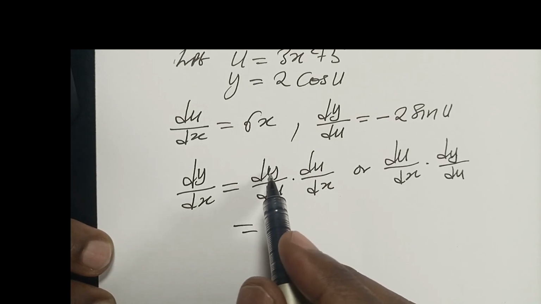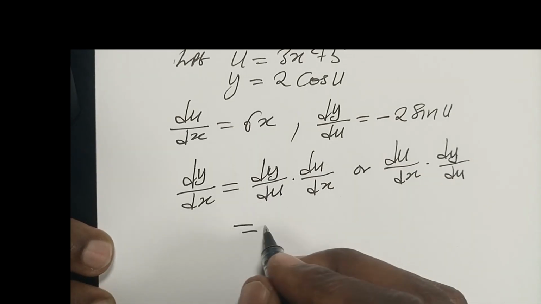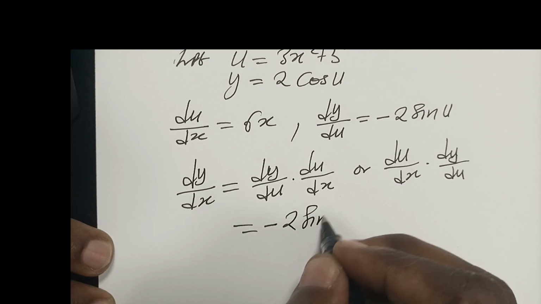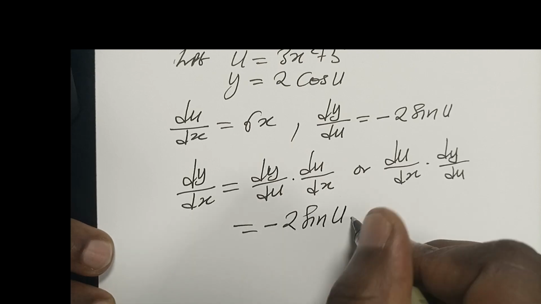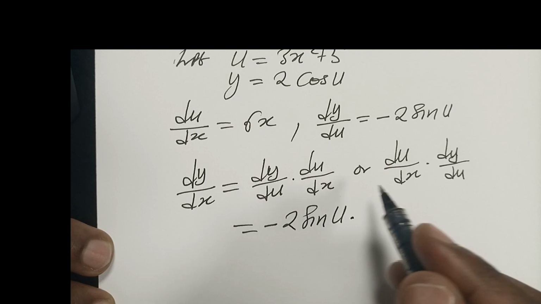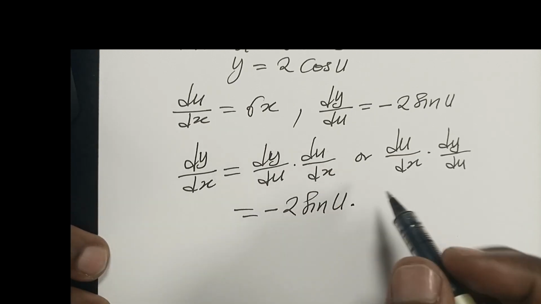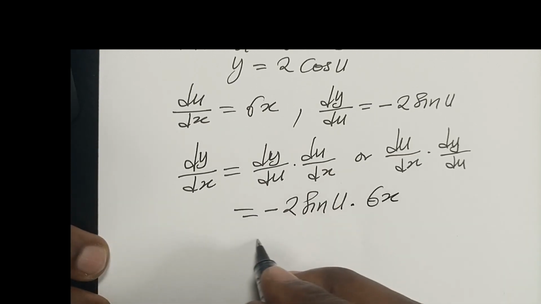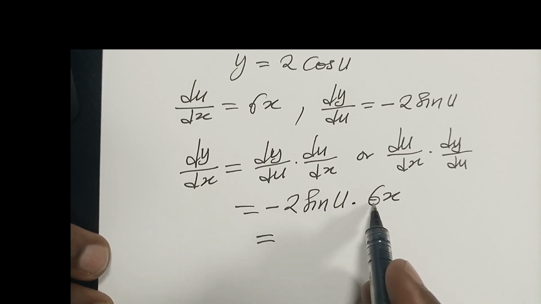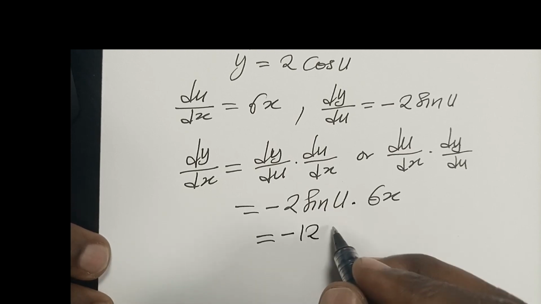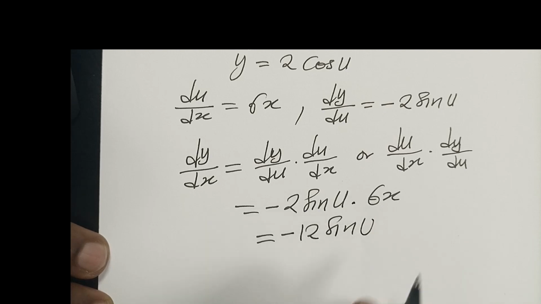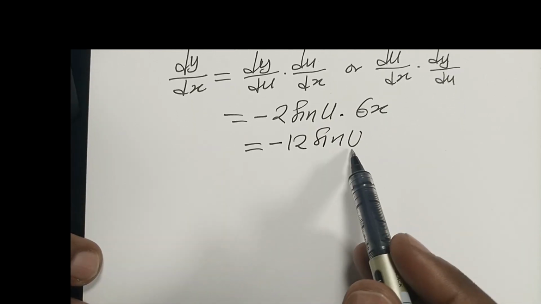Okay, so what is your dy/du? It is this negative 2 sine u times, what is your du/dx? 6x, which you can write as negative 2 times 6x, negative 12 sine u. But what is this u here?